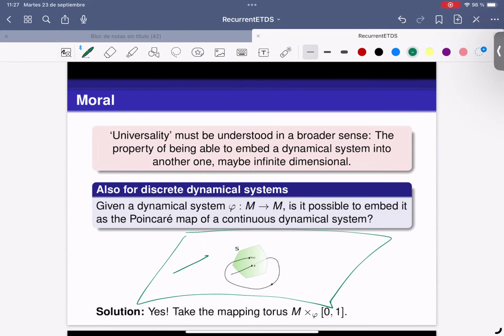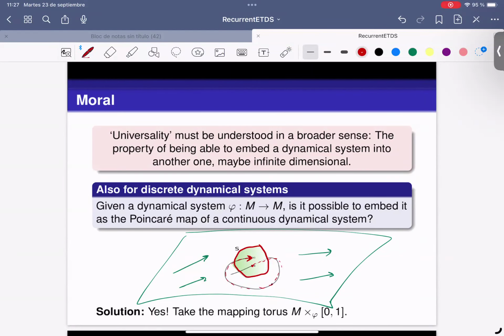For this ambient flow, I can find a Poincaré section, meaning a small disk, or in this case, a copy of M, with the property that if the flow starts on M, then it will flow around the manifold, but it will come back, and at the first time it comes back to M, I call this the Poincaré return map of the point.